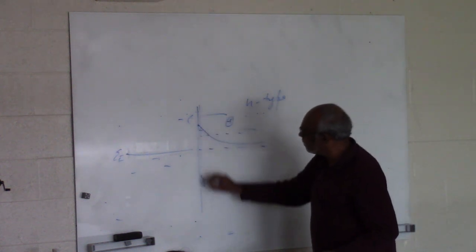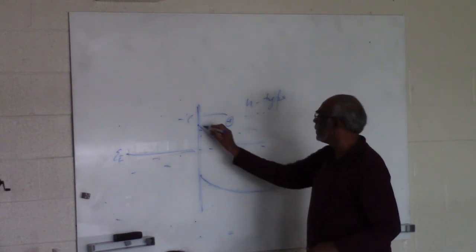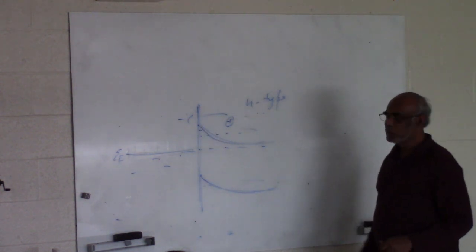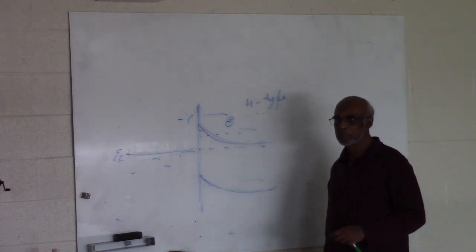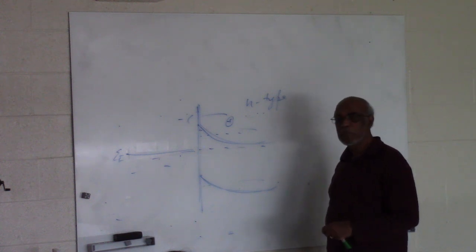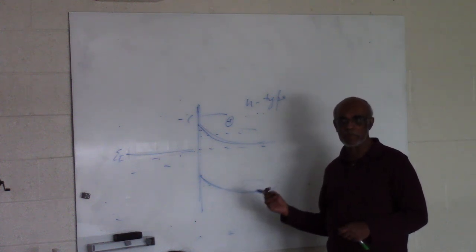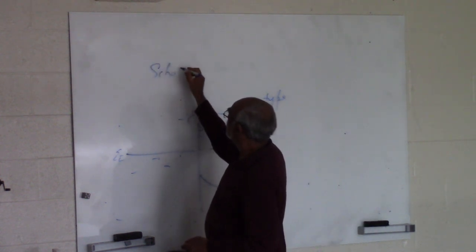This is what happens if you have a metal versus N-type semiconductor. You have some barrier. Does anybody know the name of this? Metals, if you put them with a semiconductor, you have something called a Schottky barrier. Maybe you have heard about this.